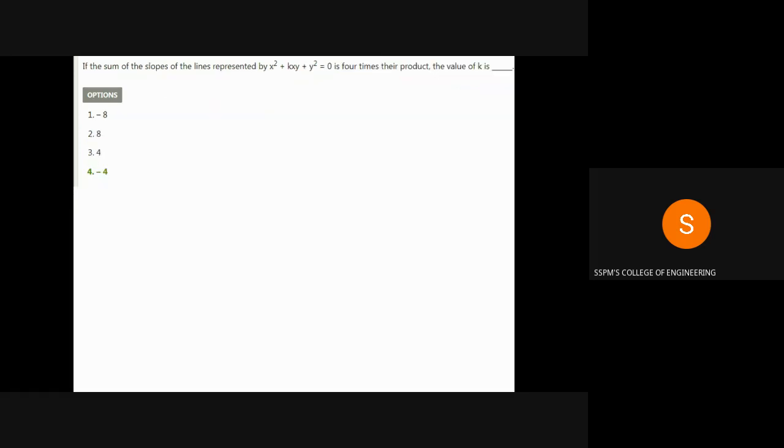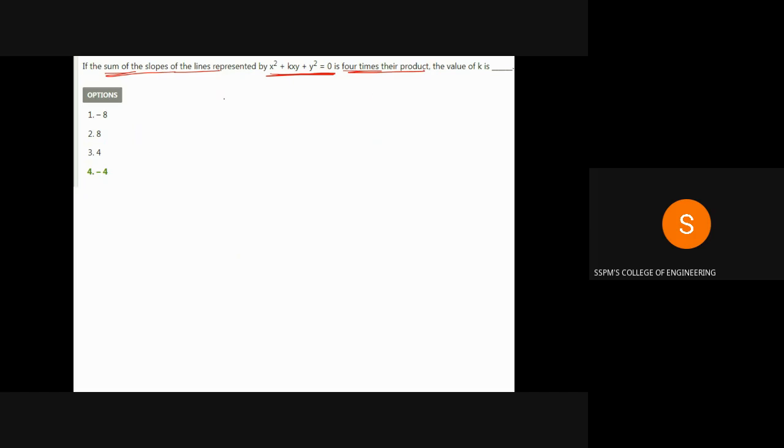Now next question. An equation of pair of lines is given here, and what is said? The sum of the slopes of the lines represented by this is 4 times their product.